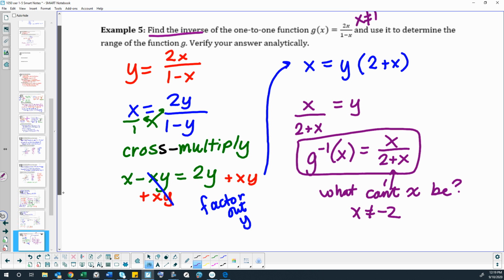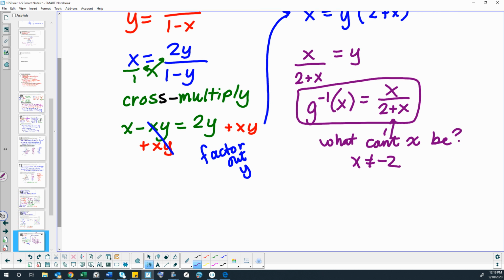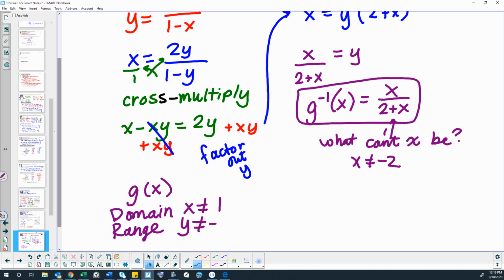So in a nutshell, I have room to summarize this. For g of x, the domain is x cannot equal 1, and the range is y cannot equal negative 2.